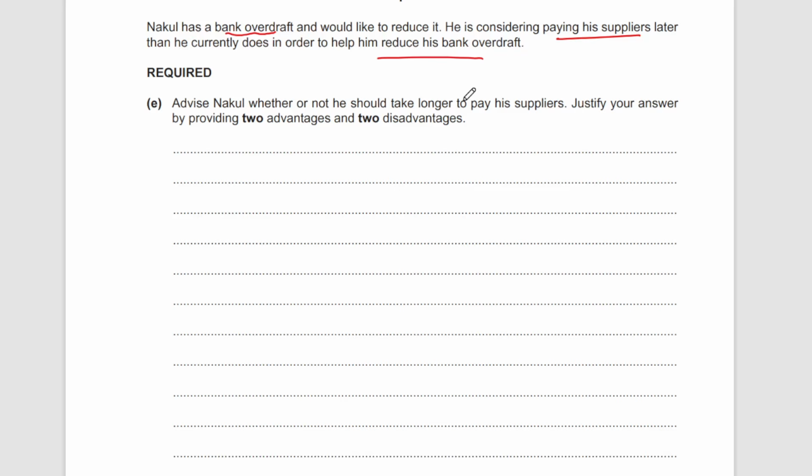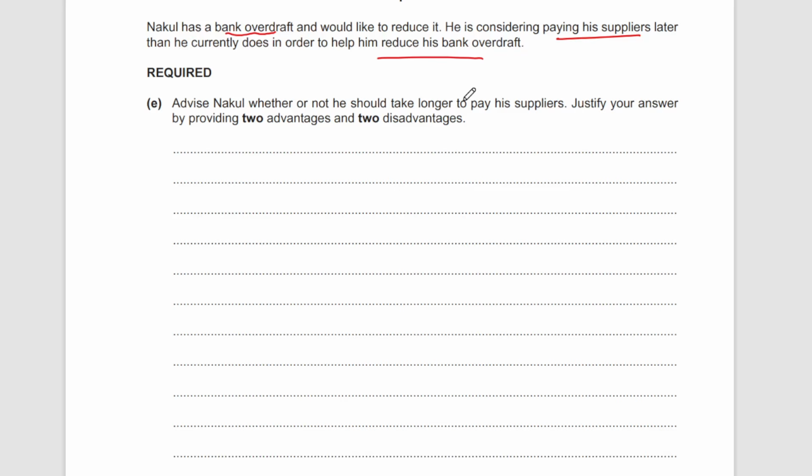Fine. We already have a couple of points, right? Point number 1, he will be able to pay for the bank overdraft, and basically have a nice credit history, good relations with the bank, not running into any problems, right? And save on the interest as well.